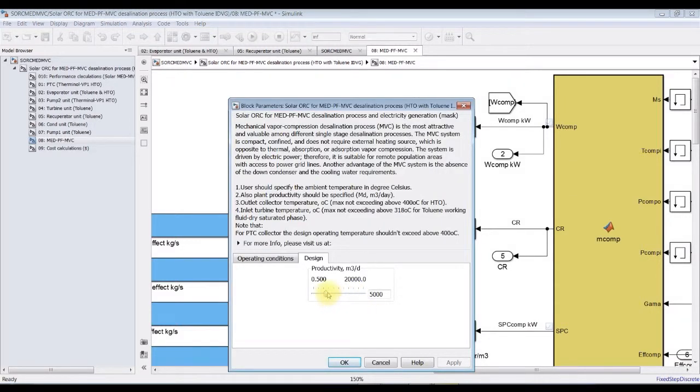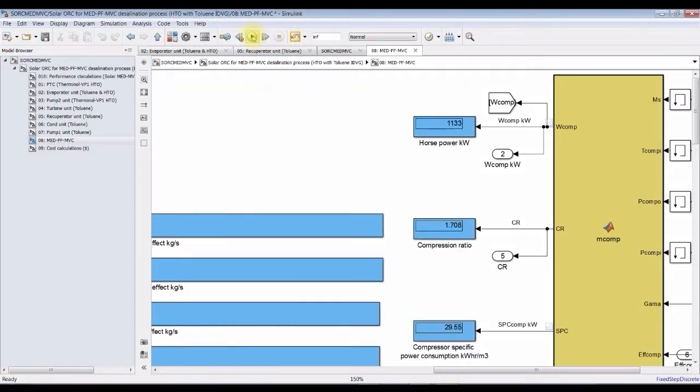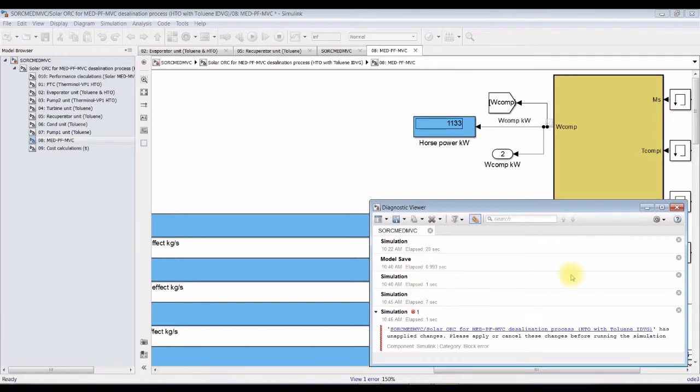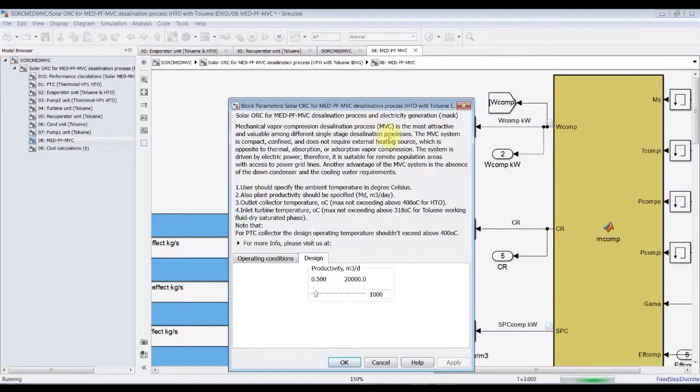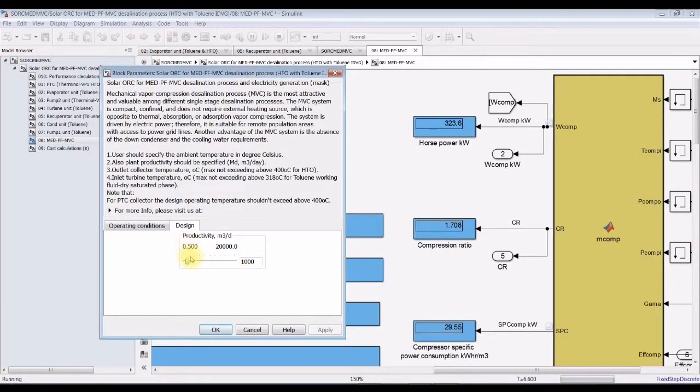Let's begin from 1000, and let's hit run. I'm sorry. Let's go for 1000. Let's hit change. Okay, I'm going to change productivity and watch the effect on the power.